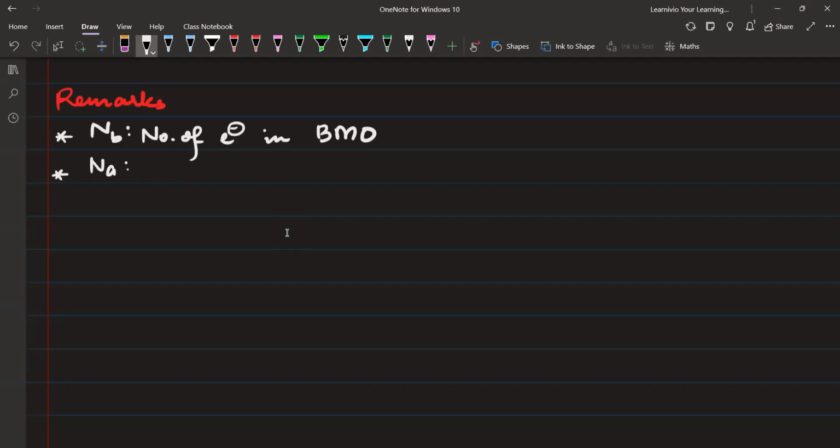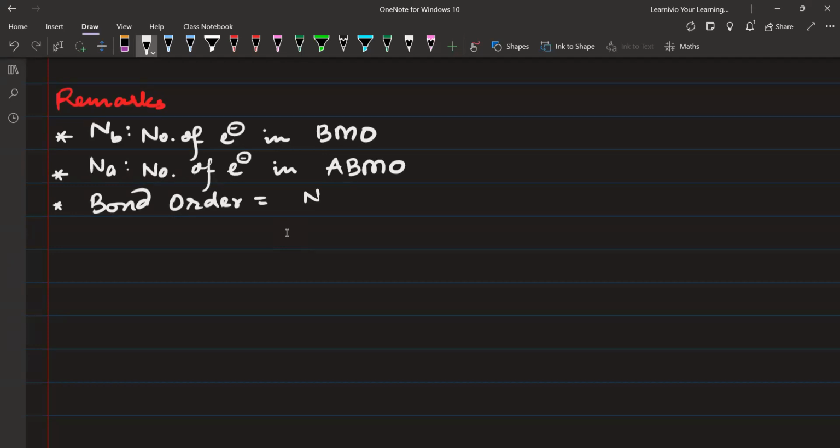NA. This will be number of electrons in anti-bonding molecular orbital. Bond order will be equal to number of bonding minus number of anti-bonding divided by 2.